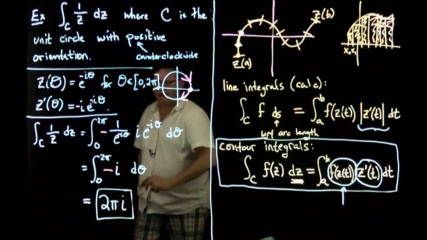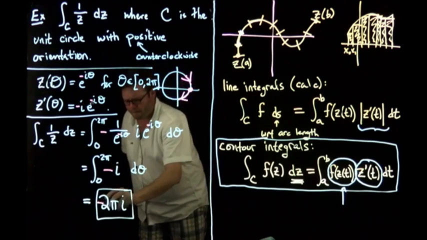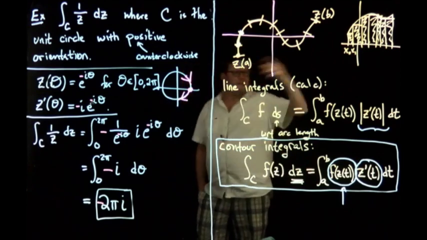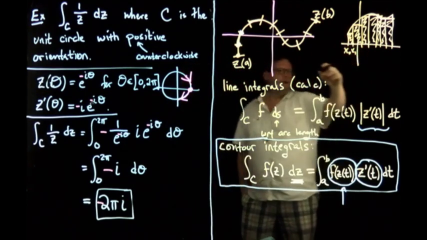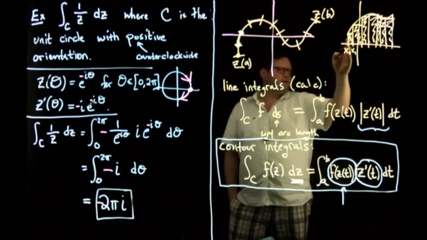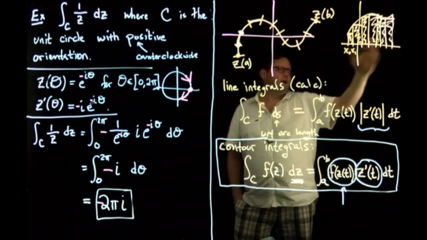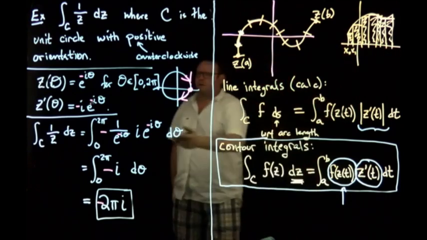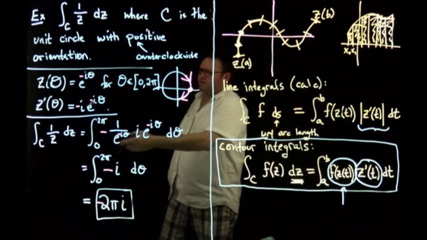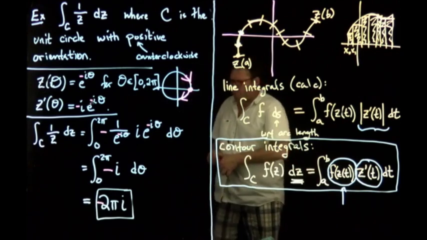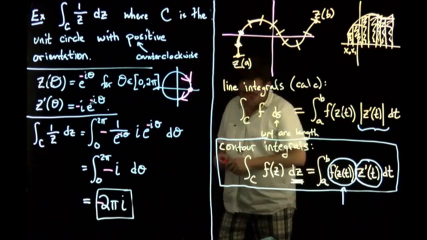We're integrating negative I, and we get a negative 2 pi I. Okay, that's just like how in single variable calculus, the integral from a to b is the negative of the integral going the other way, from b to a. So if we reverse the orientation of the contour, we'll get the negative of the contour integral. And we'll see that more generally here in a moment.